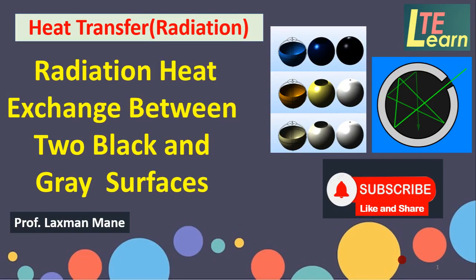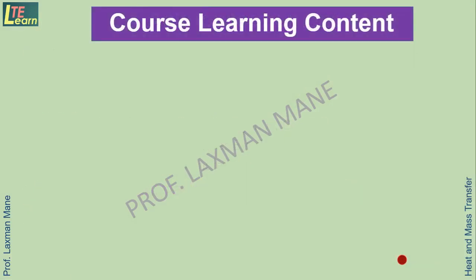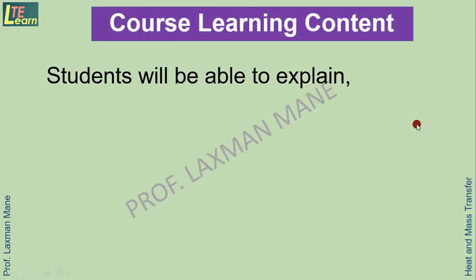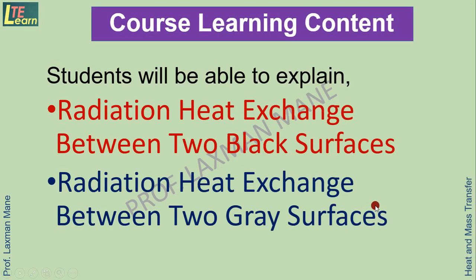This is a video session on radiation heat exchange between two black and two gray surfaces. In this session, you will be able to explain radiation heat exchange between two black surfaces and radiation heat exchange between two gray surfaces.